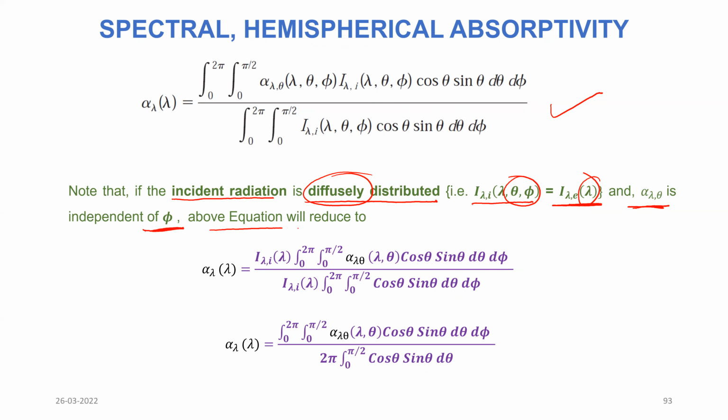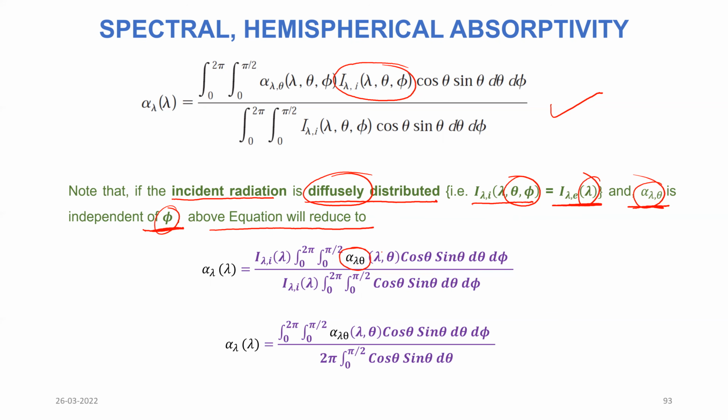So the above equation will reduce to, as you can see here, I have taken this value of I lambda I out of the integration sign, and inside we are left with alpha lambda theta. And as I told you, alpha lambda theta is independent of phi, because we are considering that the total energy is falling on the whole hemisphere, the azimuthal angle range from 0 to 2 pi on the surface.